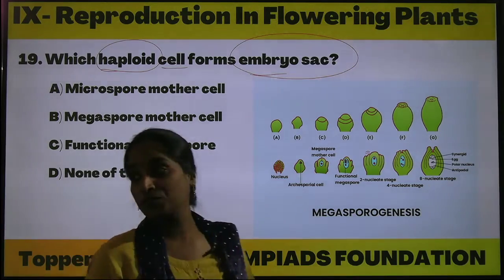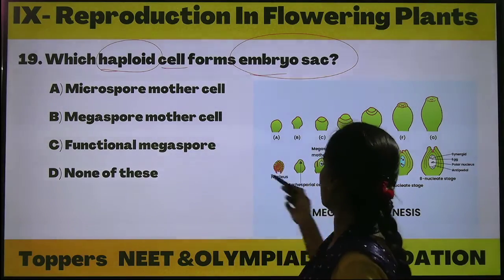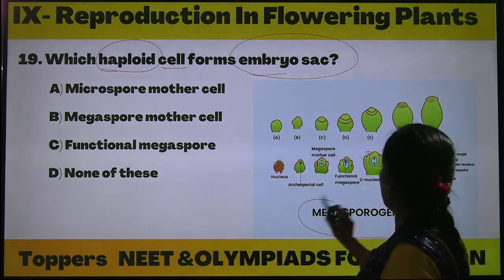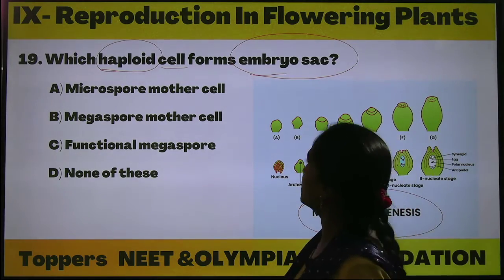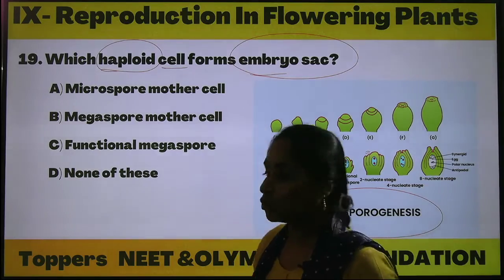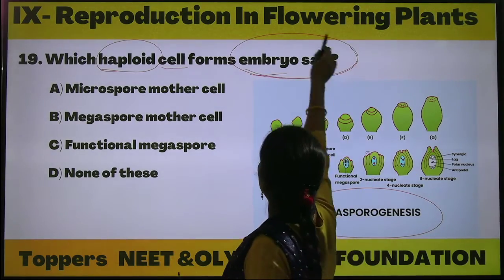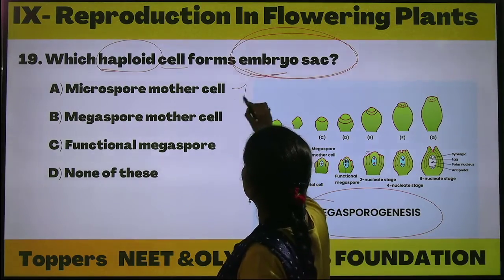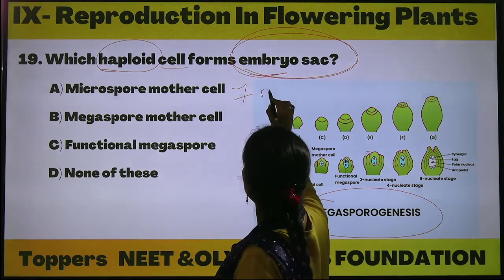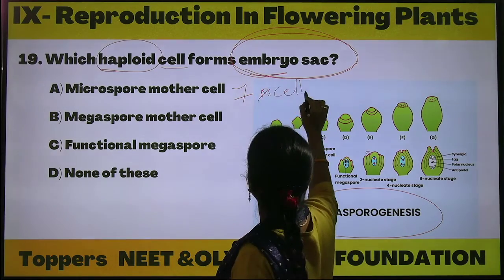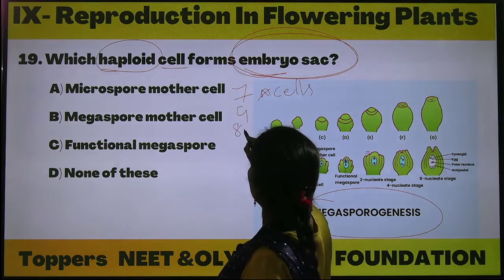Right? So which out of these is the correct option? The picture indicates megasporogenesis. Okay, so within megasporogenesis, in the embryo sac we can observe 7 cells and 8 nuclei.